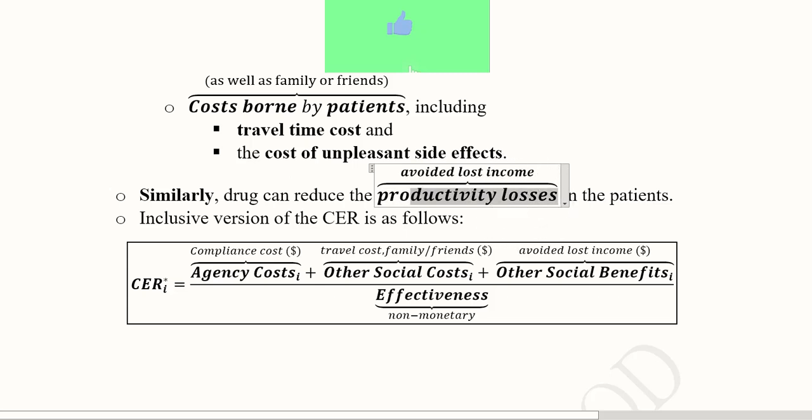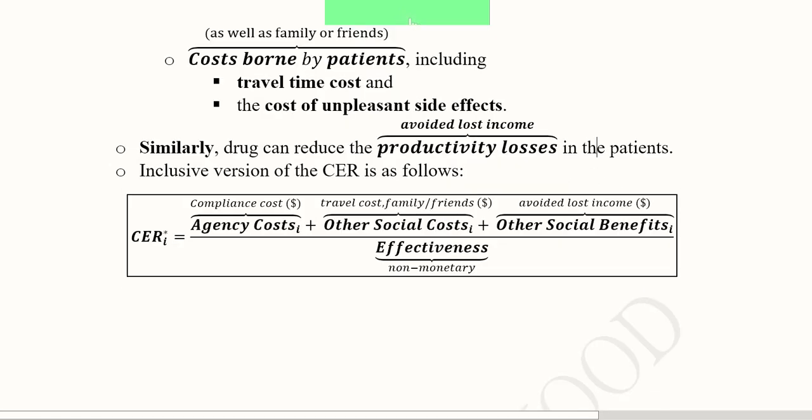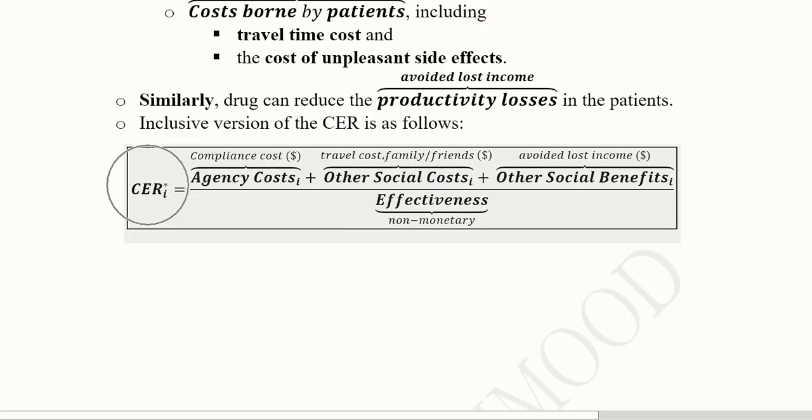In addition to their improved health, they will also become more productive, and the losses that were there before due to this health situation, they will be able to avoid those losses of productivity, and that will also allow them to have more income, and their income will not be lost due to the side effects or the effects of the disease. So these are a few things that should be included in our cost effectiveness ratio.